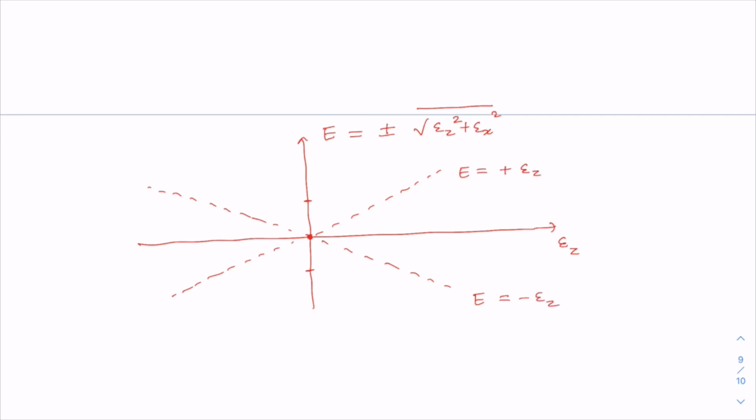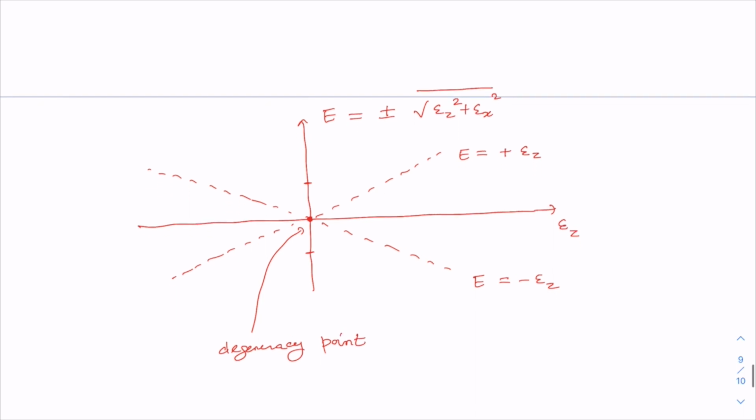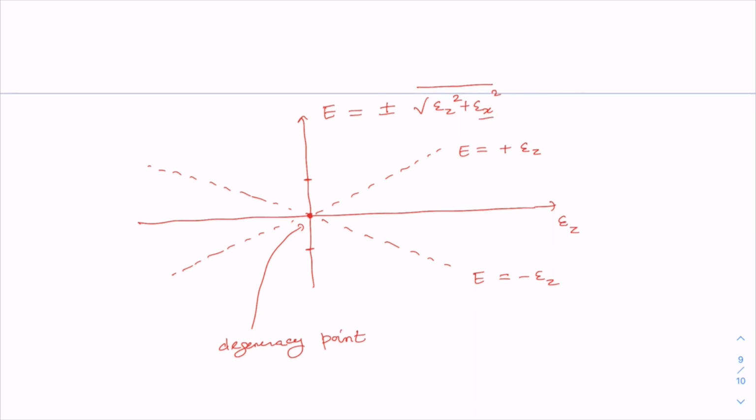This means that these two energy levels are crossing each other at this particular point. That's the reason it is called the degeneracy point. But when epsilon x is non-zero, these two energy levels will no longer cross, and we will have a curve like this, corresponding to the plus square root of epsilon z square plus epsilon x square, and another curve like this.